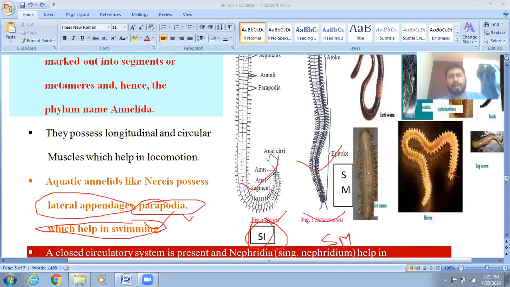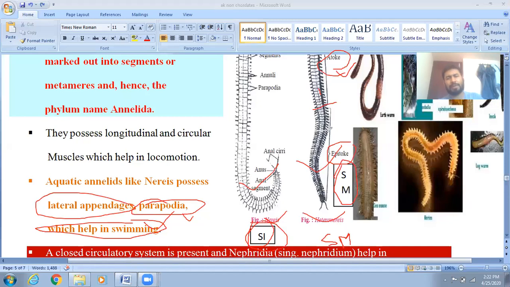Heteronereis, being sexually mature, also has two different regions: one is called the atoke, another is the epitoke. The atoke is sexually immature, and the epitoke is sexually mature.